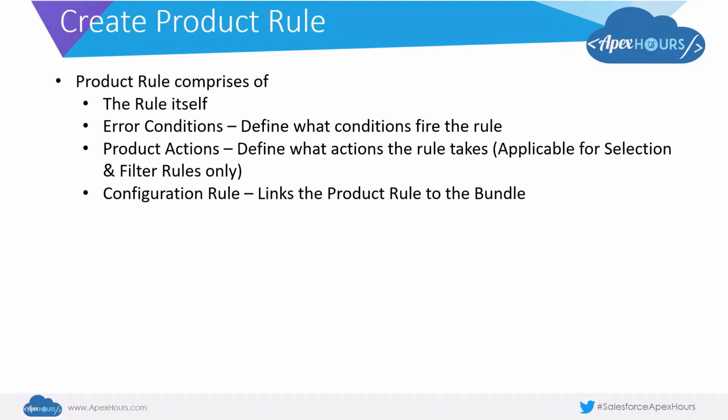Product actions define what action the rules take. We only define product actions for selection rules and filter rules, as they are the ones that take action on products, like adding or removing or enabling or disabling or dynamically filtering. Finally, we link the product rule we created to the bundle by creating the configuration rule.